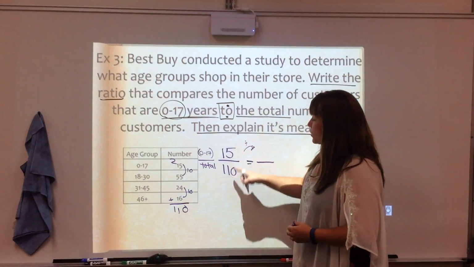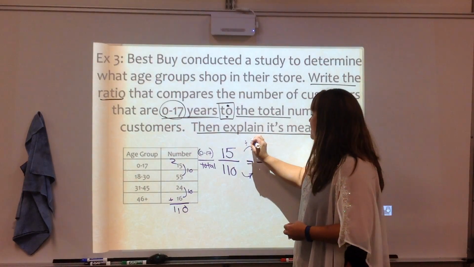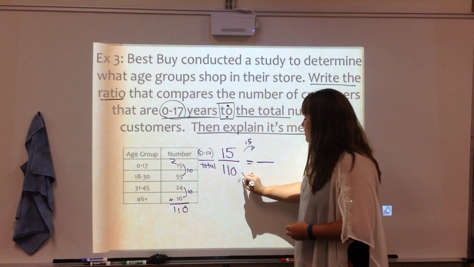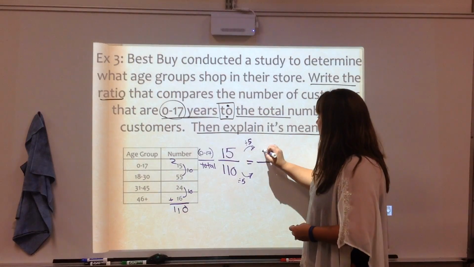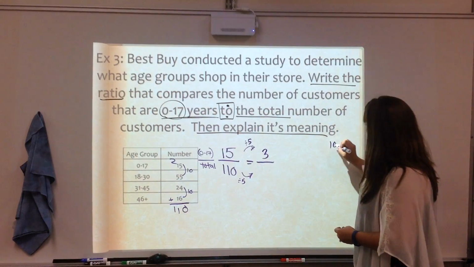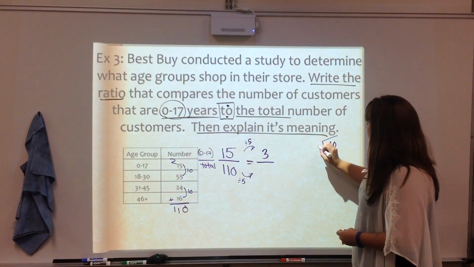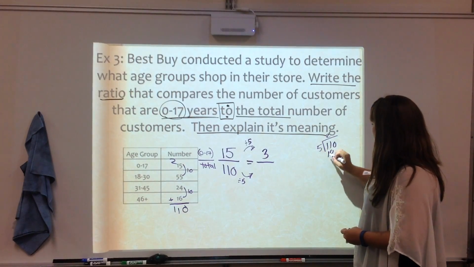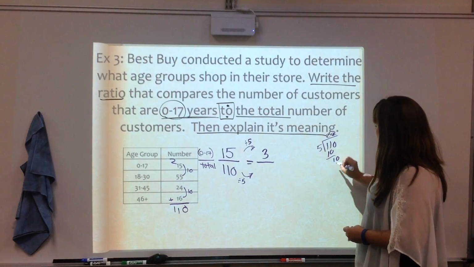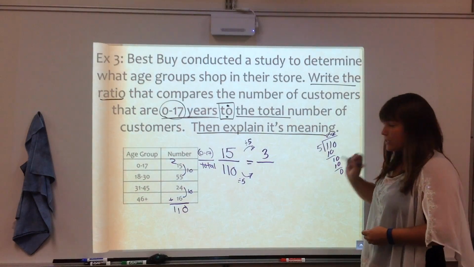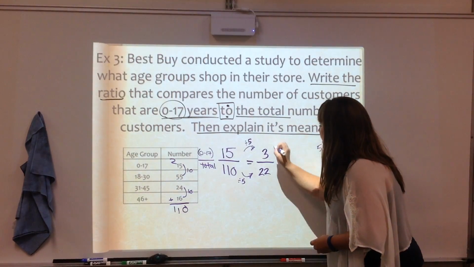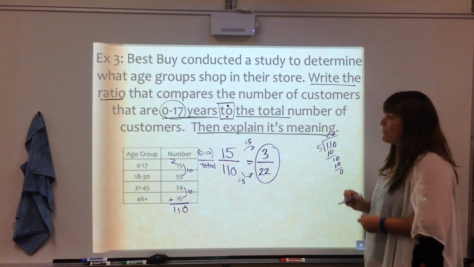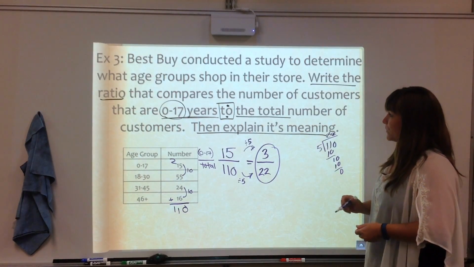I noticed that both these numbers end in 0 and 5. That means they are both divisible by 5. And I might have to come over here and divide to get that answer. That's okay. It's 22. And now I have my ratio, but I have to explain its meaning.